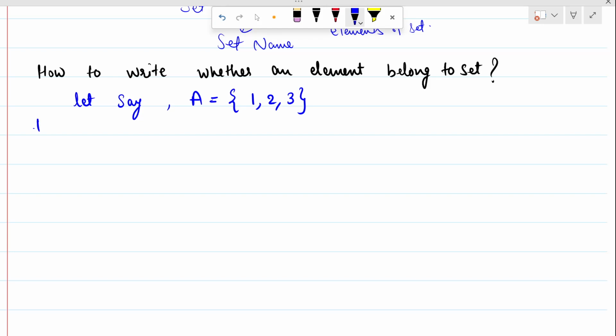Then we can say 1 belongs to A, and 2 belongs to A, and 3 belongs to A.